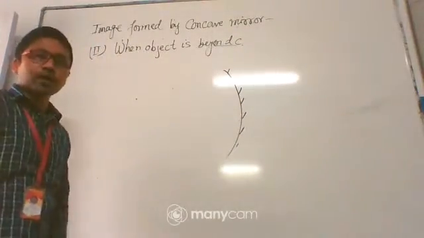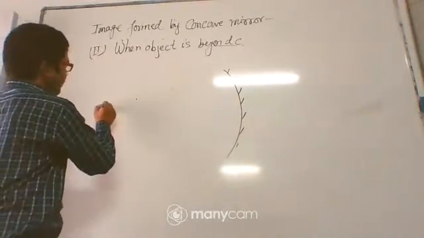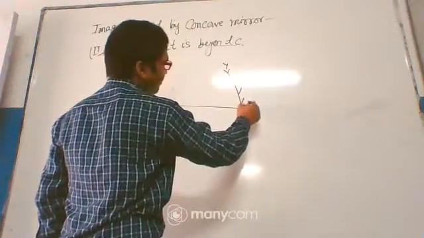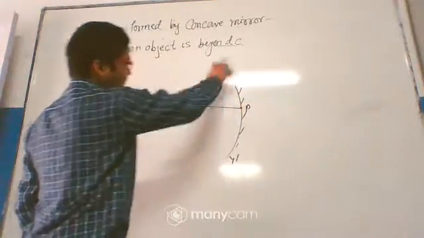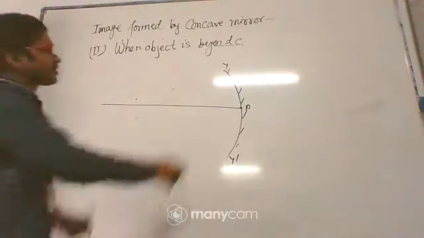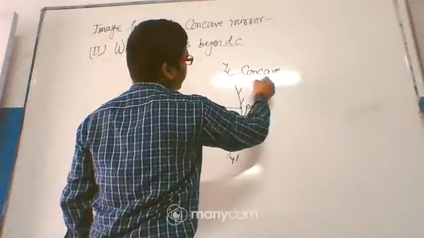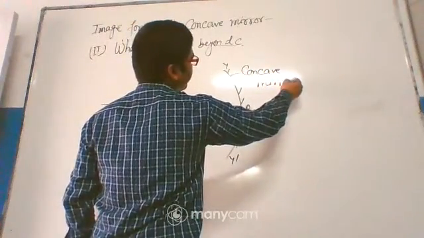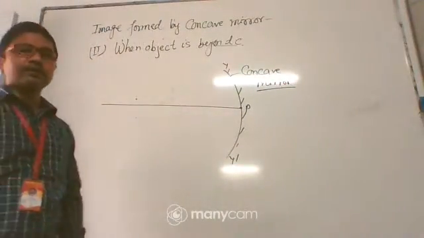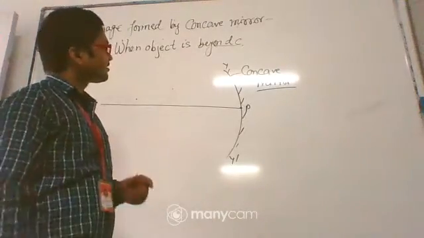Students, we are talking about the image formed by concave mirror in this section, so we are always drawing the concave shape mirror here. This one is the reflecting surface. You can say this one is concave mirror. Actually, the surfaces can be different, but we are talking about the concave mirror in this session.